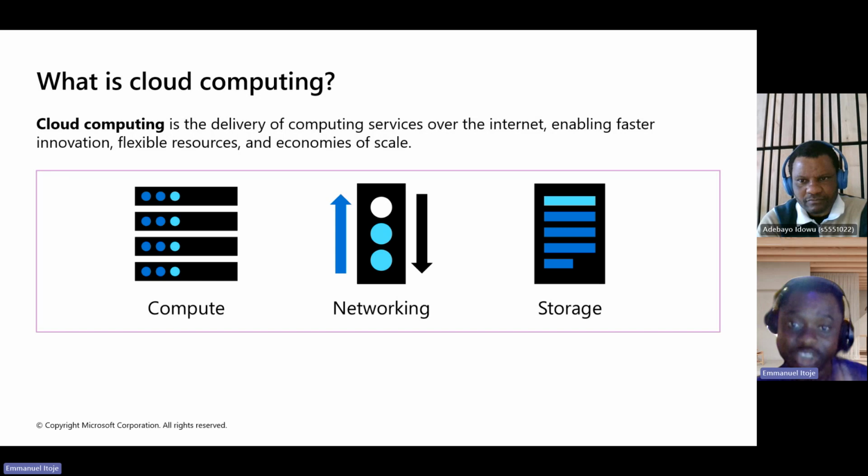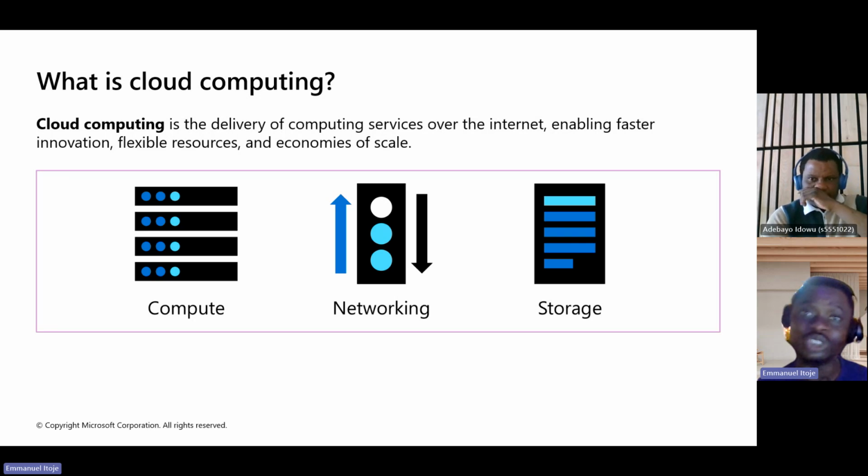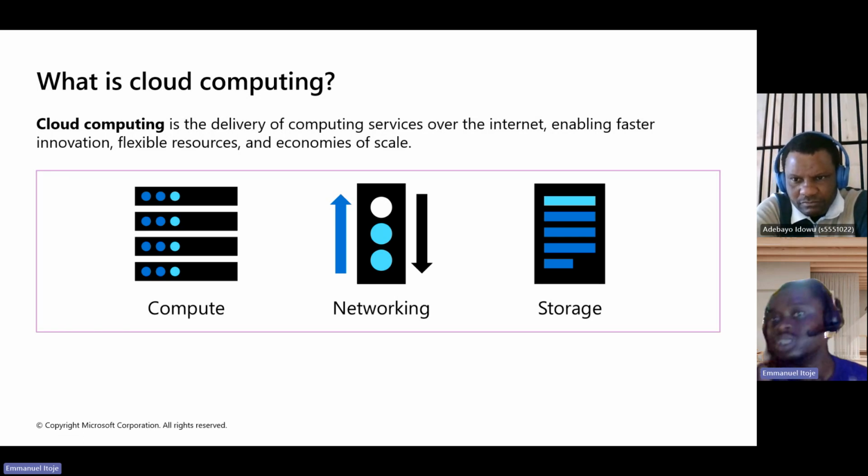That means I can have my virtual machines, networking devices, storage devices, and databases, yet I don't have a physical location. In the real sense, I'm actually renting those services. From whom? The cloud service provider. It could be Microsoft Azure, owned by Microsoft, AWS, Amazon Web Services, owned by Amazon, or the Google platform.